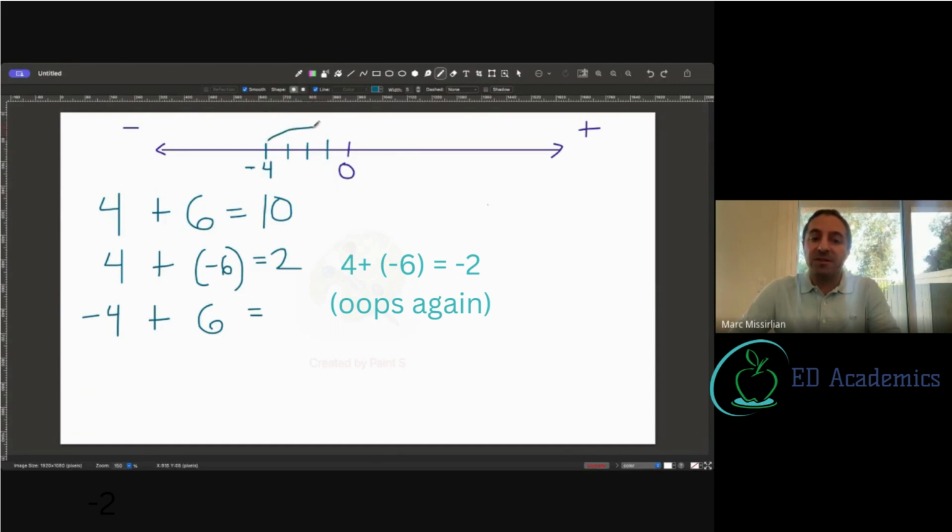I'm going to go 4 steps back towards 0, and then 2 more. So negative 4 plus 6 is going to be 2. The last one was negative 2. Negative 4 plus 6 is 2.